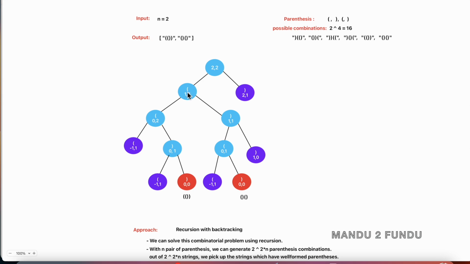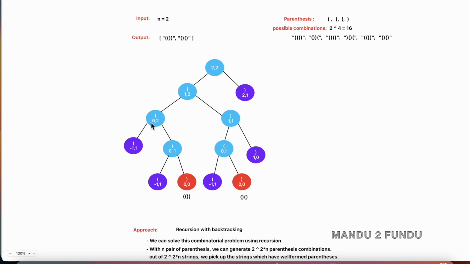As we make a call and include the particular parenthesis, we have to decrement the corresponding count. For example, in this case we include the open parenthesis, so we decrement the open parenthesis count, and here we include an additional open parenthesis, the count becomes 0.